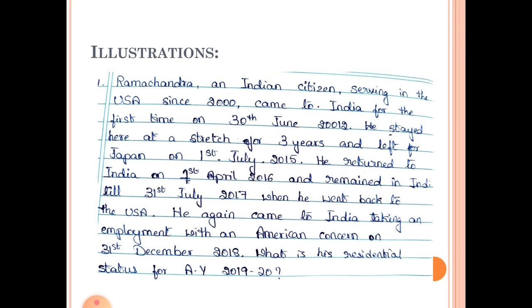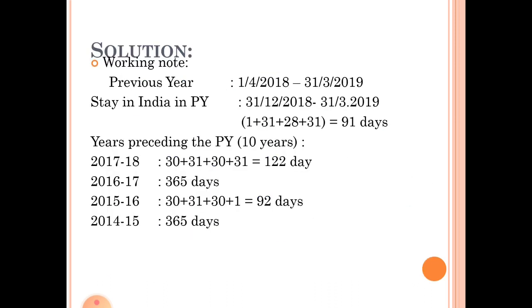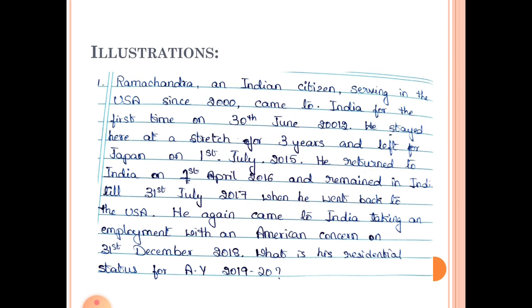Here we have to calculate residential status of Mr. Ramachandra. Let us calculate his residential status. See the working note. Our previous year starts from 1st April 2018 and ends on 31st March 2019. Our assessment year is 2019-20. So, his stay in India in the previous year is from 31st December.